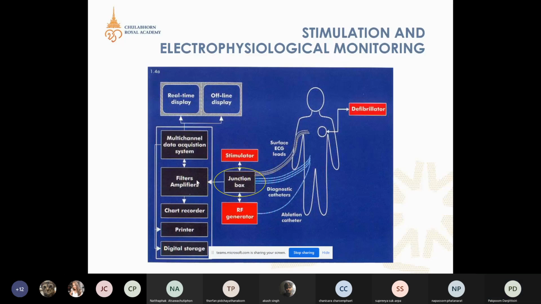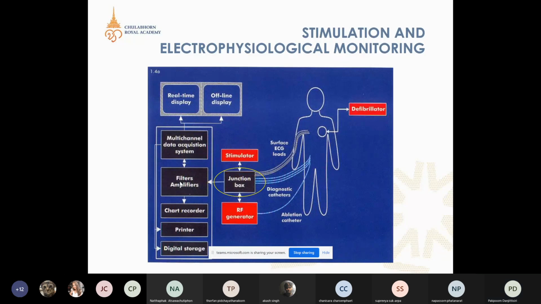And with the amplifiers, they help amplify the low amplitude, often less than 10 millivolts, because the signal from the body surface EKG and the intracardiac signal have an amplitude that is often less than 10 millivolts.